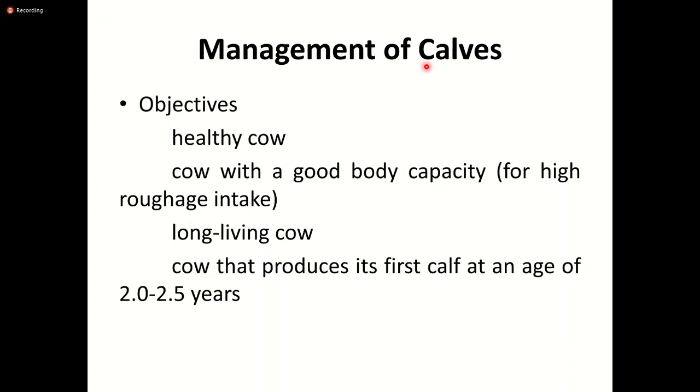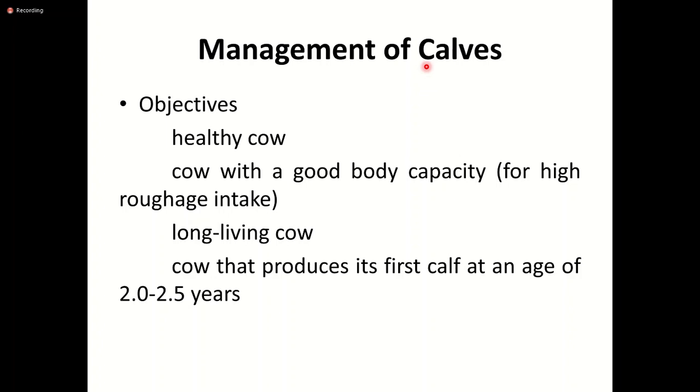These animals tend to eat lots of roughages or dry forages, and they are a less efficient animal in converting the feed they consume into usable output, about 20%, while 80% is lost most of the time. Also we need a long-living cow, maybe not 1, 2, 3 years, but at least 5 to 6 years without any issues.